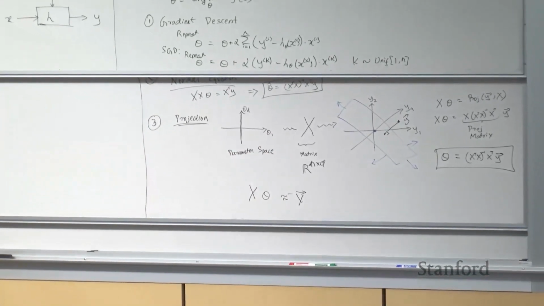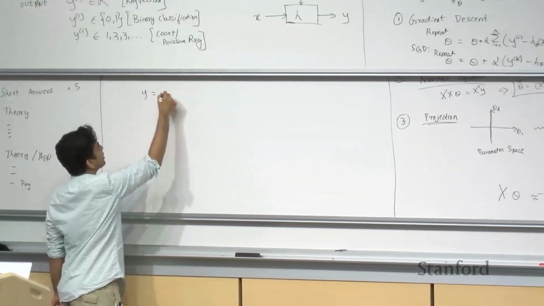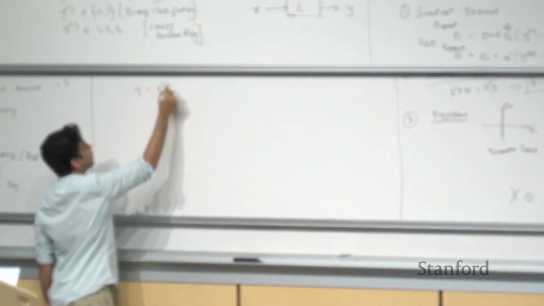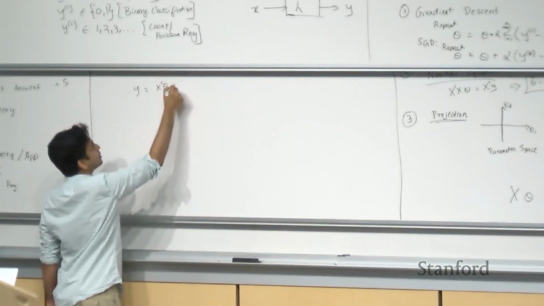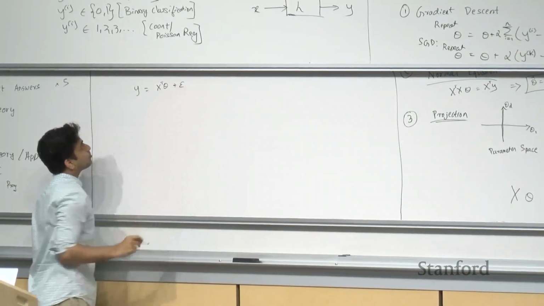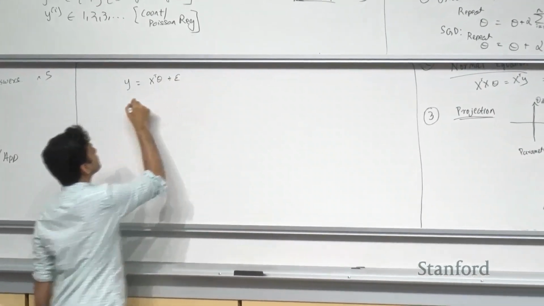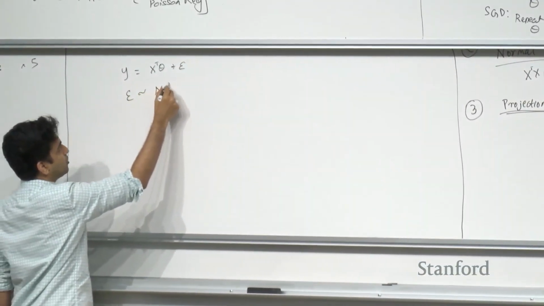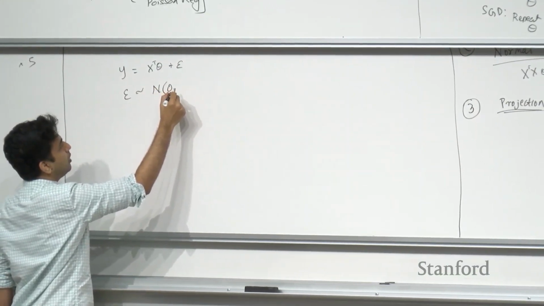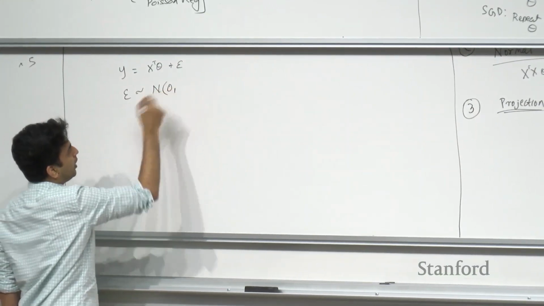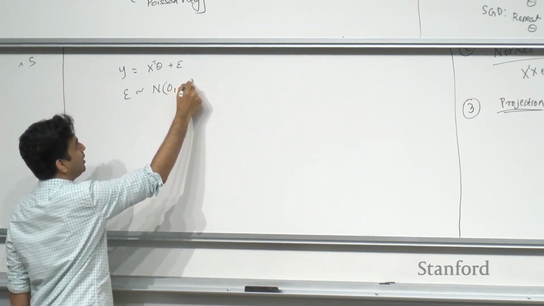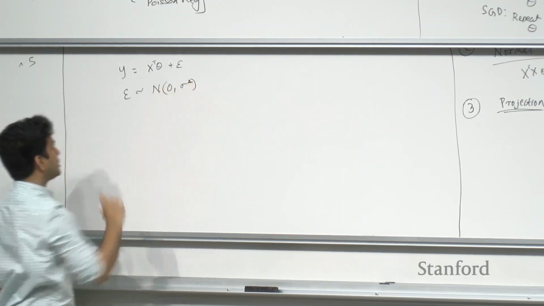So instead we assume y equals X transpose theta, or theta transpose X, plus some epsilon, where epsilon is distributed according to a normal distribution with mean 0 and variance, for now let's just assume sigma squared, which is some unknown constant.